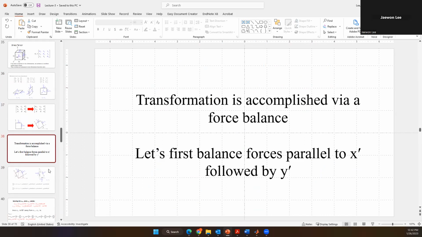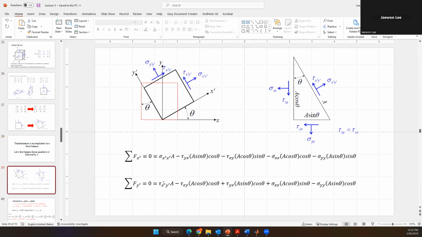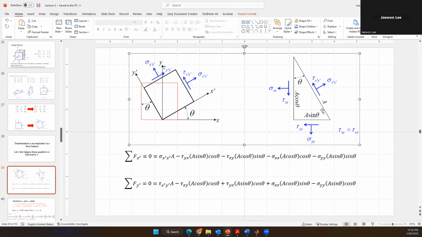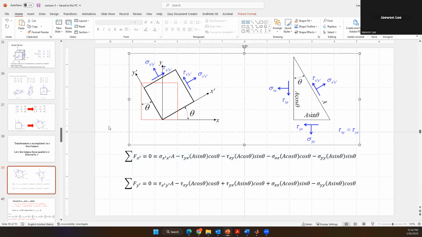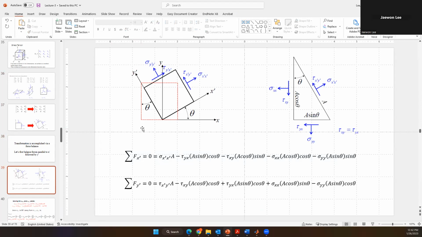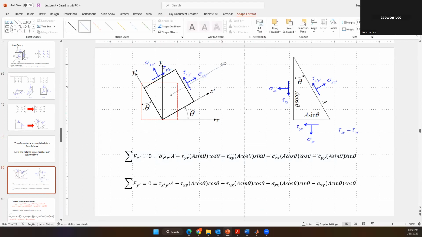First, this is almost a mathematics class, so let me explain. We are going to calculate the x prime direction force and the y prime direction force. This direction first.